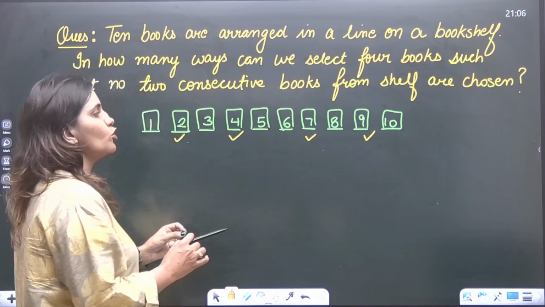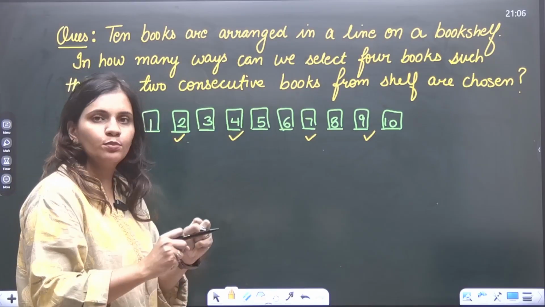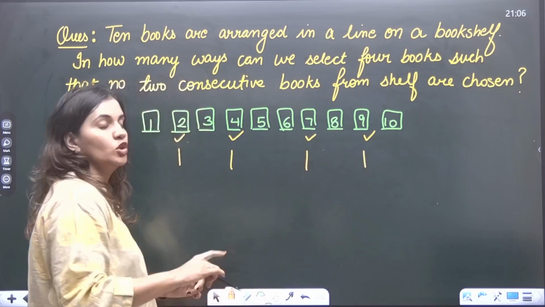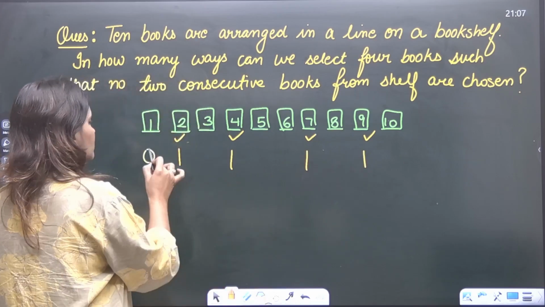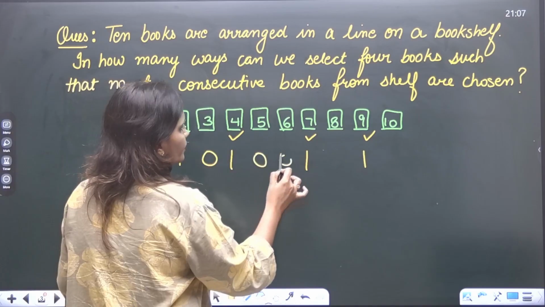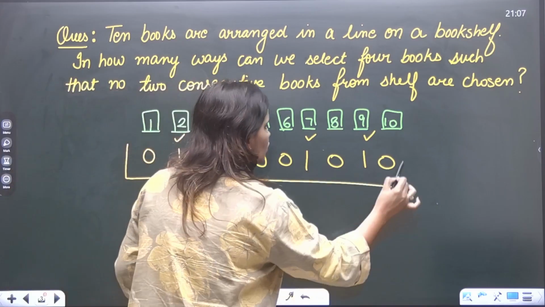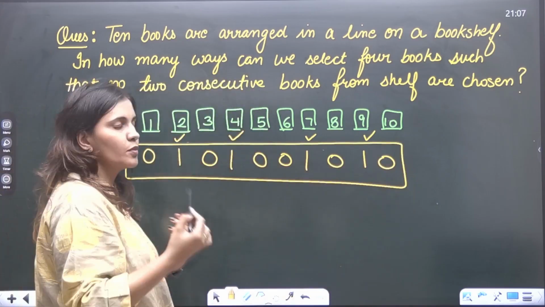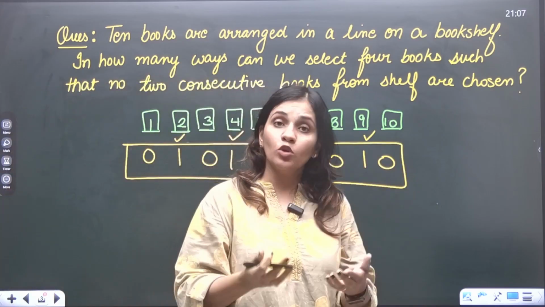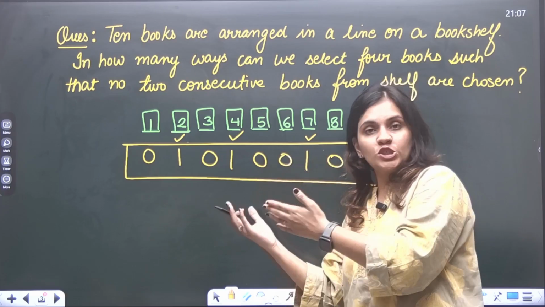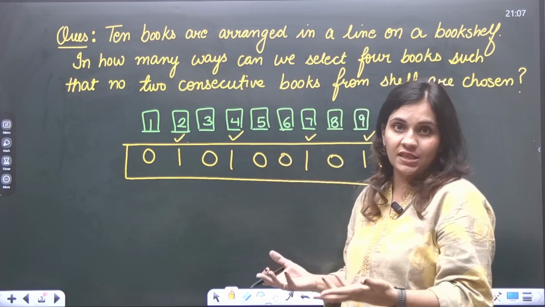We just have to mark the selected books as 1 and the not selected books as 0. This binary sequence represents an output, telling us which book is selected and which book is not selected.